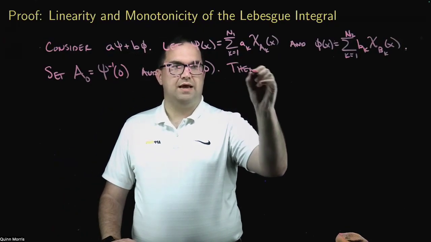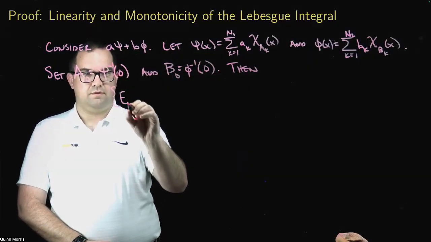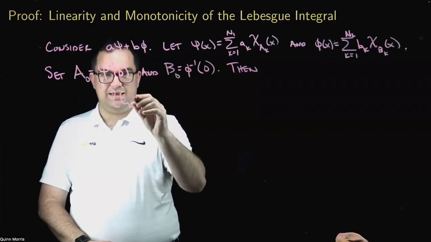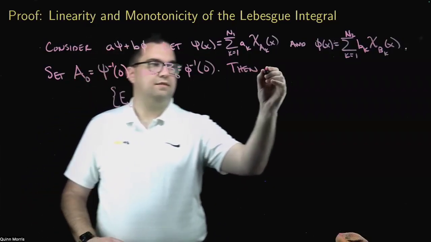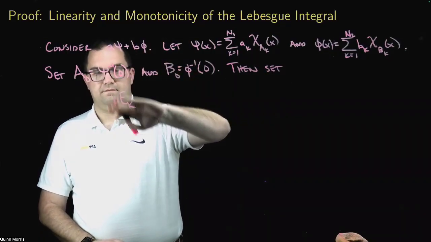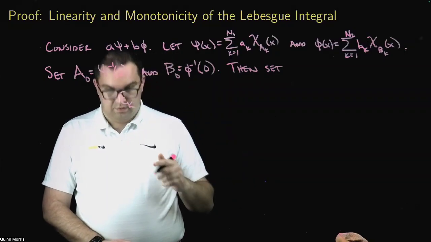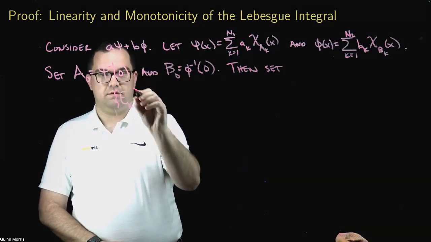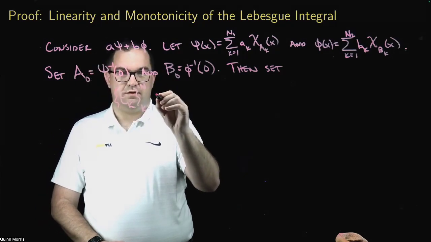Then I'm going to form these EKs. Let me write it this way. Let's let EK for K equals 1 up to capital N.